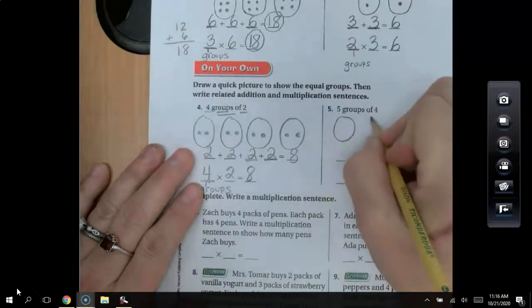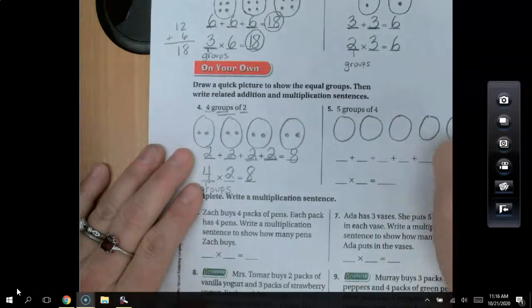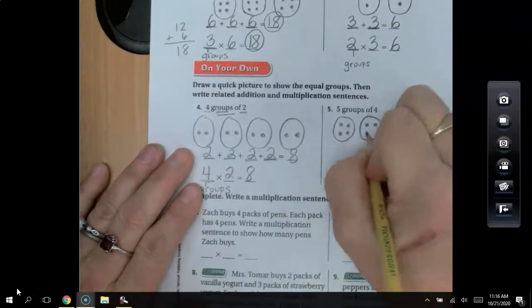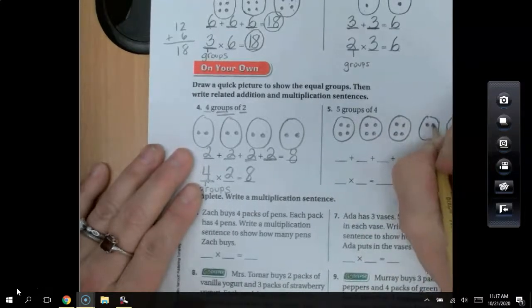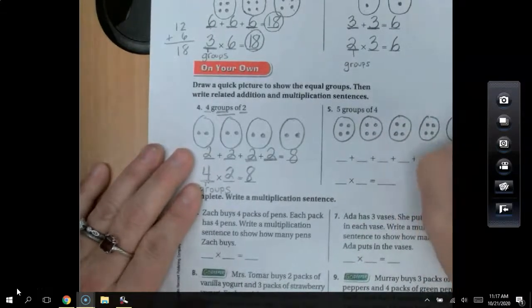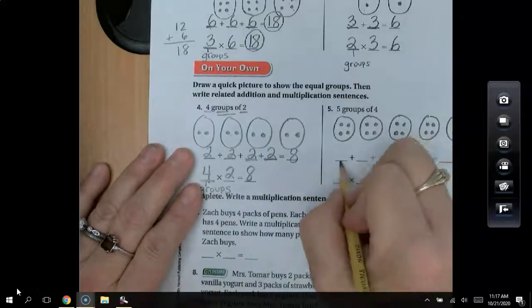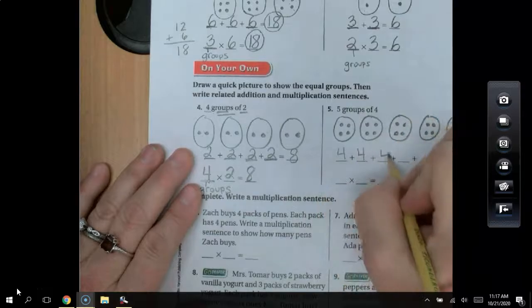We have 5 groups, and I have 4 in each group. You can see that I'm making my groups all the same. They are all nice, neat, and organized. I know that I have 5 groups and 4 in each group.